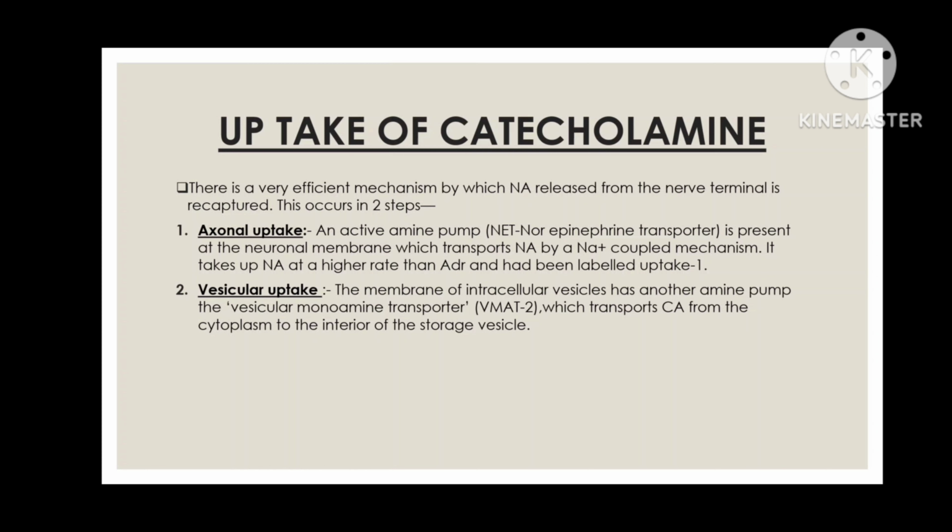It takes up noradrenaline at a higher rate than adrenaline and has been labeled uptake 1. Then vesicular uptake. The membrane of intracellular vesicle has another amine pump, the vesicular monoamine transporter, which transports catecholamine from the cytoplasm to the interior of the storage vesicle.